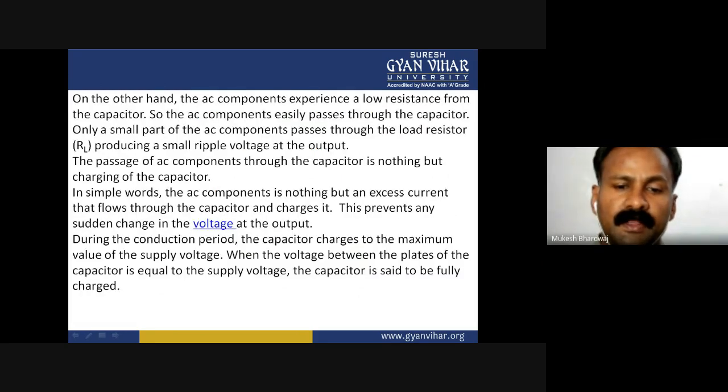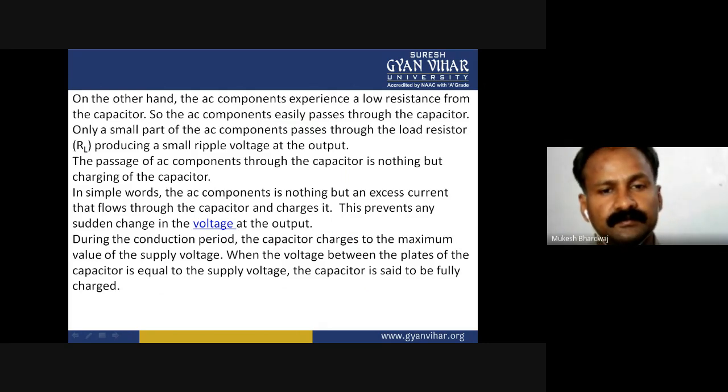On the other hand, the AC component experiences a low resistance from the capacitor, so it easily passes through the capacitor. Only a small part of the AC component passes through the load resistor RL, producing a small ripple voltage at the output.